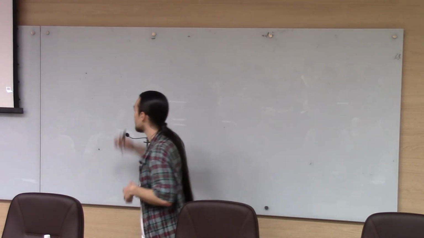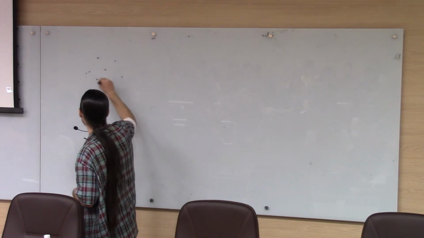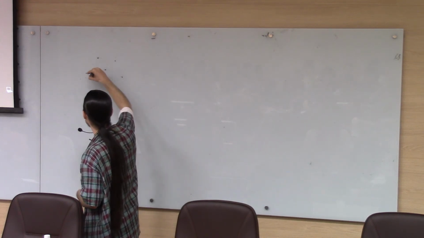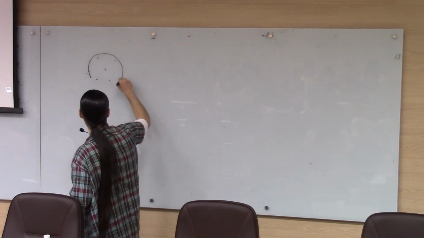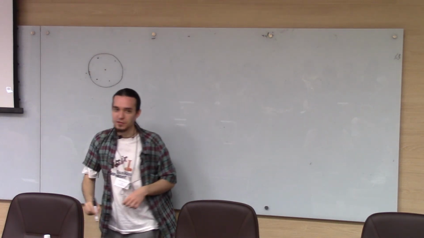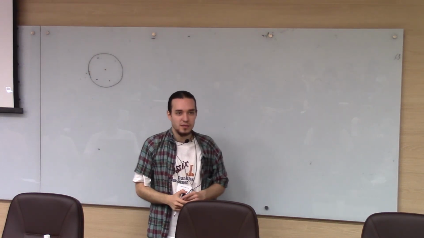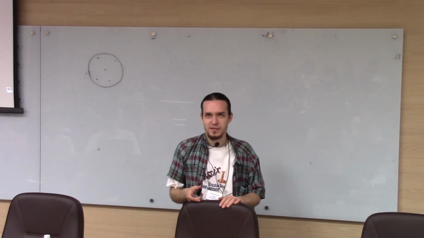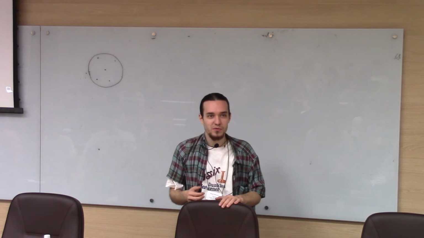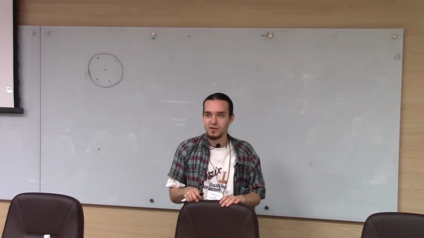The problem is, if you're given a set of points, again, you have to find the smallest circle, the circle with the smallest radius that covers all of the given points, faster than the trivial algorithm. How many people in this room know about it? Okay, cool.